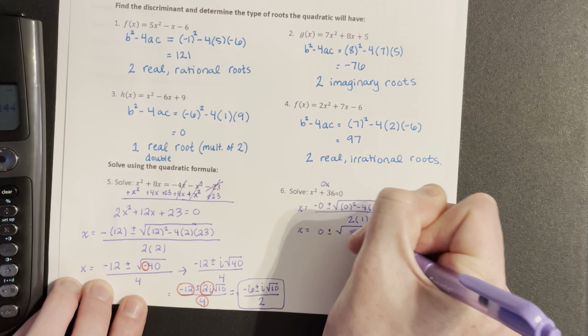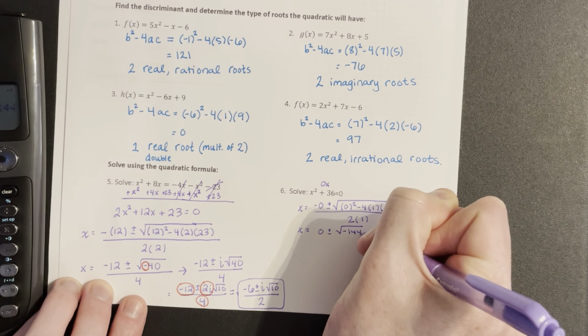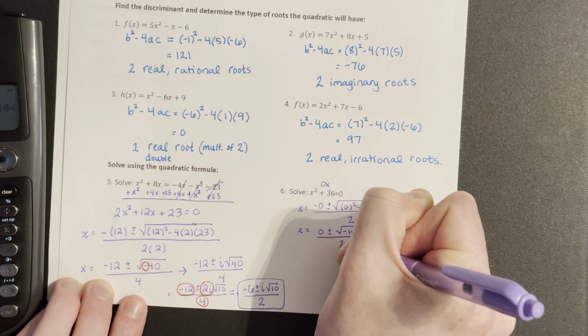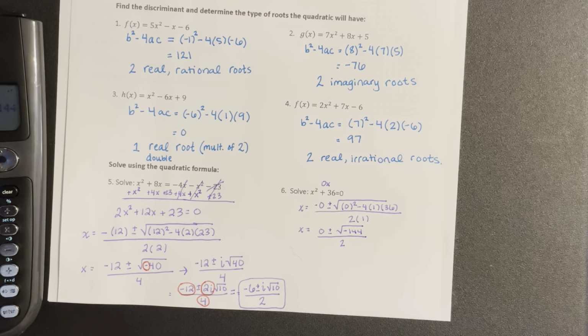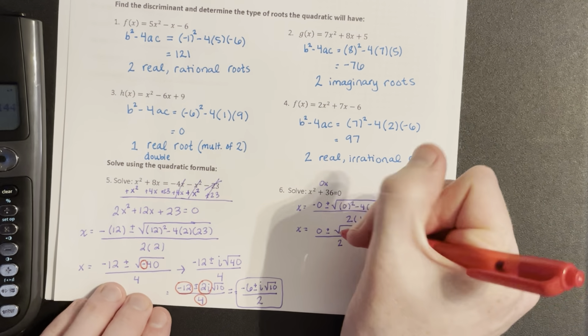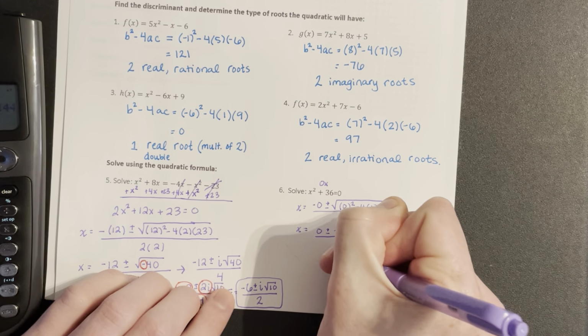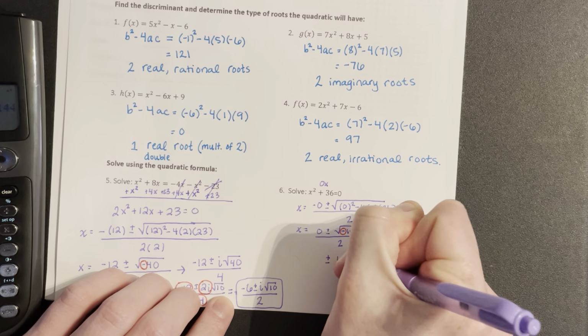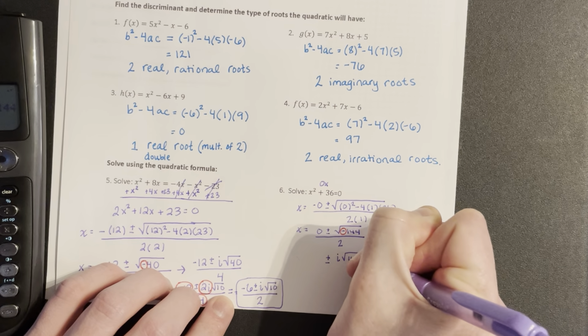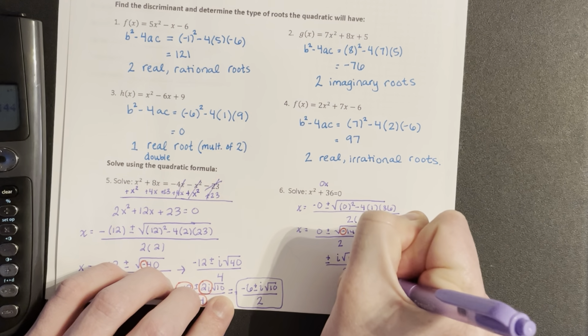So the square root of negative 144 over 2. That negative already tells us that we're going to have an imaginary solution, so we can even circle it or highlight it. But I get plus or minus i square root of 144 over 2.